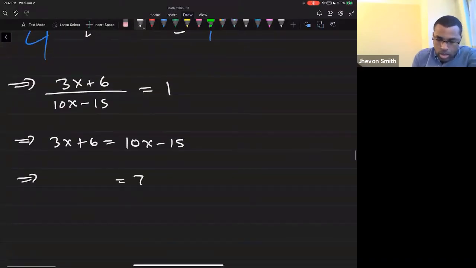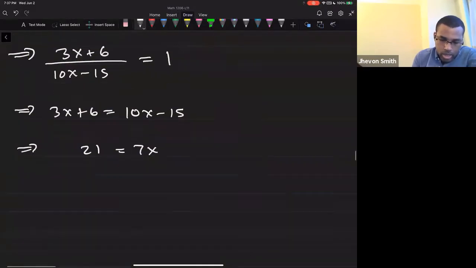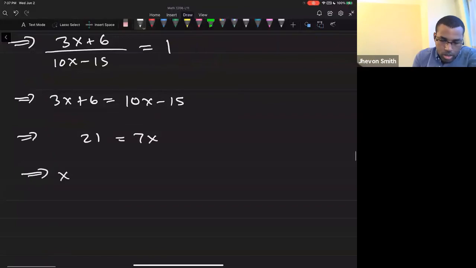So that would give me 7x on this side and 6 plus 15 on that side. Equals 3.